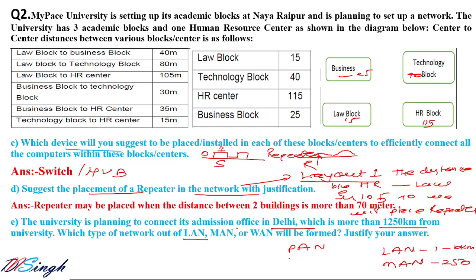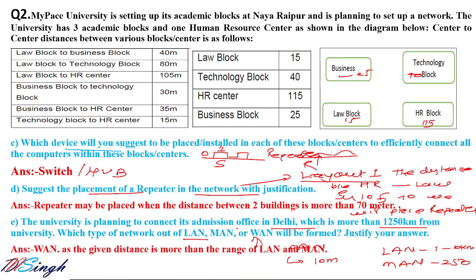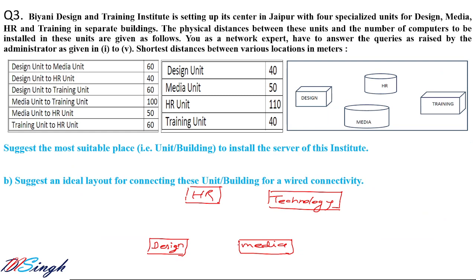PAN, personal area network, is around 10 meters. So this is out of the range of all these three types of network, so it will obviously be a WAN. So the answer will be wide area network, WAN, as the given distance is more than the range of LAN and MAN. Fine. Going to the next question.